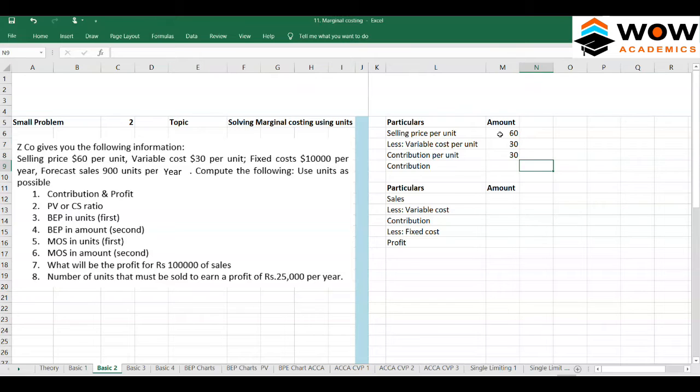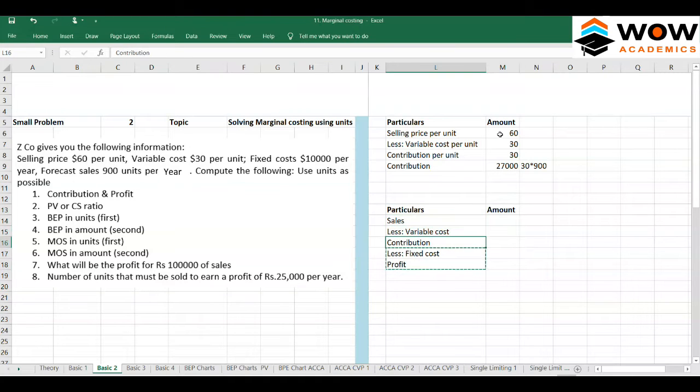Contribution total should be 30 into 900 units. So that leads to 27,000. And fixed cost is 10,000. So thereby profit should be 17,000.